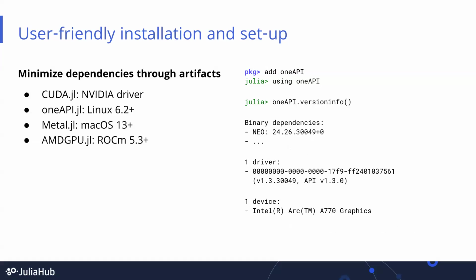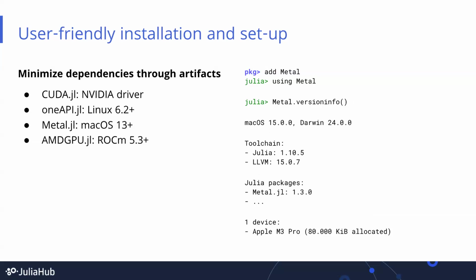So for example, in the case of oneAPI, if you have a laptop with an Intel GPU in it, and you're running either Linux or WSL, you can similarly just add oneAPI and say using oneAPI, and you don't even need to install a driver, because with oneAPI we can ship the driver to you.